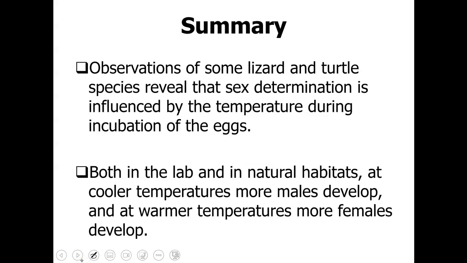Observations of some lizard and turtle species reveal that sex determination is influenced by the temperature during incubation of eggs. Both in the lab and in natural habitats, cooler temperatures are where more males develop, and warmer temperatures are where you see more females develop.